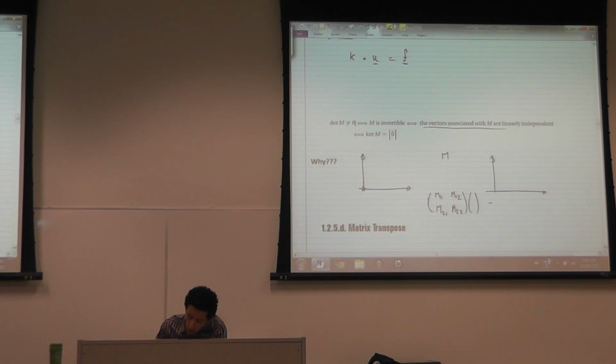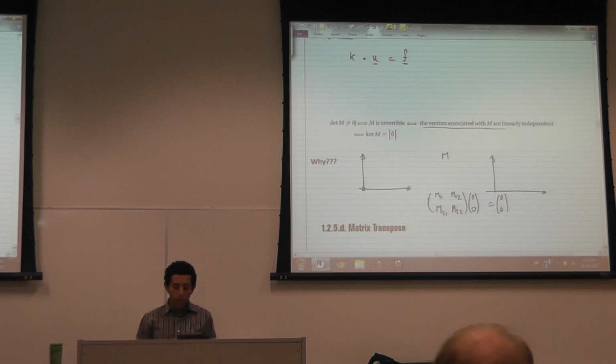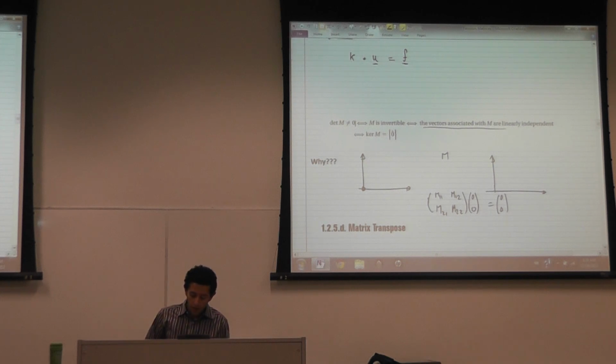The only vector which when I multiply by m, I get the 0 vector, is actually the 0 vector. And that makes m invertible. So if m is invertible, then the structure is stable.